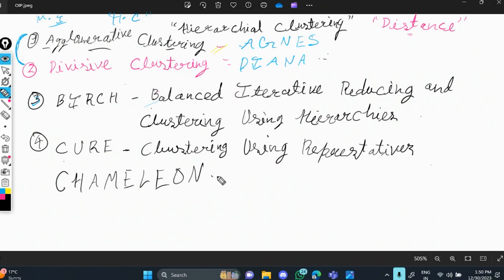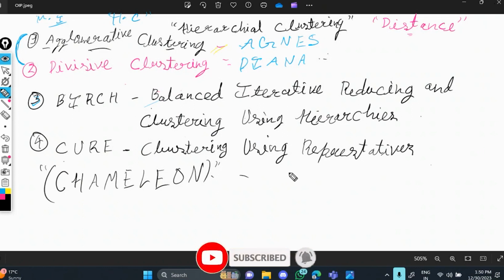This is also a clustering name, but I don't know the full form of this. So these are some clustering techniques, but we just have to focus on these two as we are beginners.